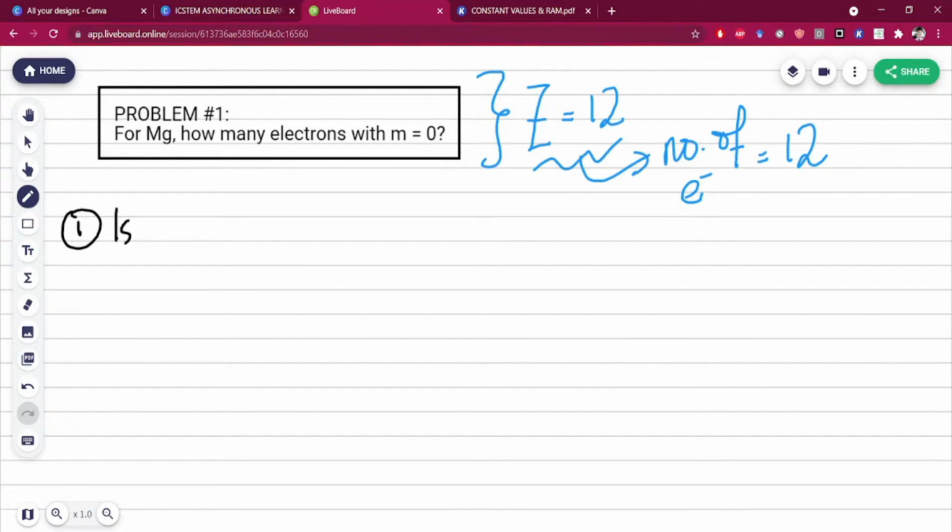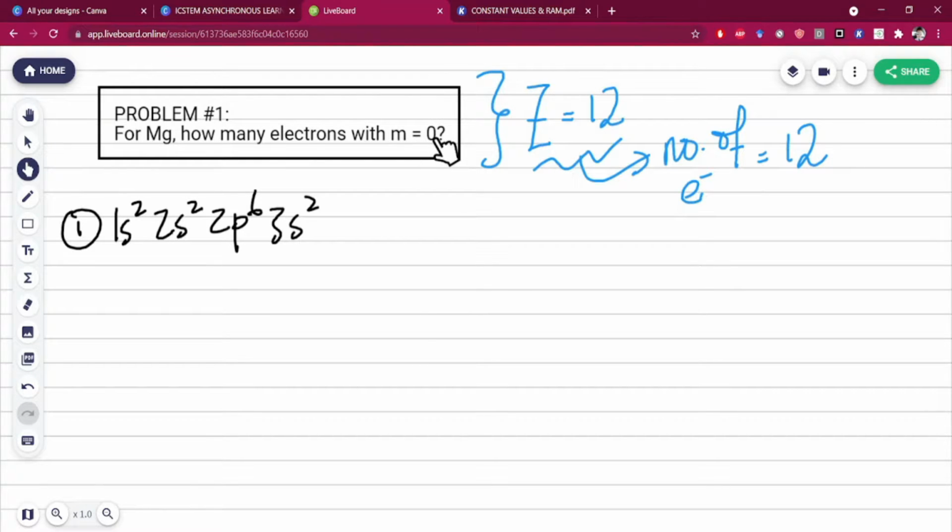We will have 1s2, 2s2, 2p6, that is 10, 6, 7, 8, 9, 10, but we have 12 over here, and the next one would be 3s2.